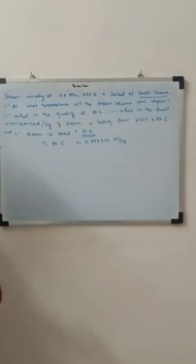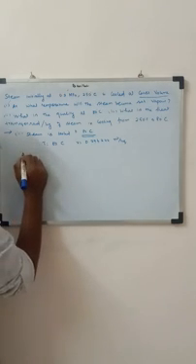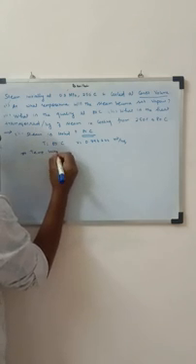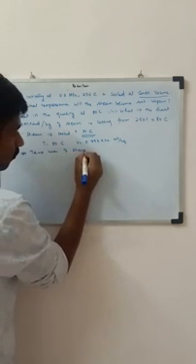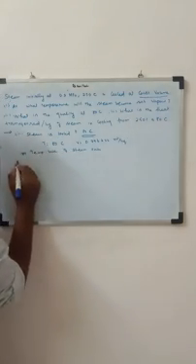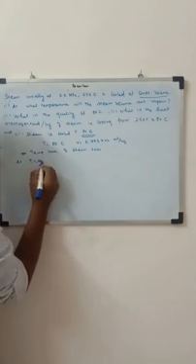So what am I going to do? I'm going to go to the temperature table of the steam table, and see the values of volume at temperature equal to 80 degrees.